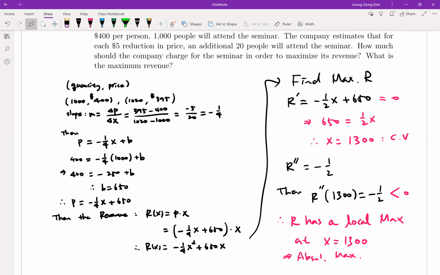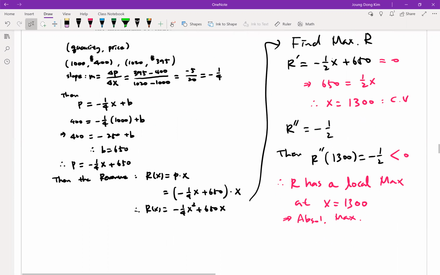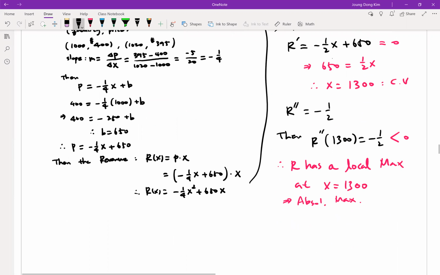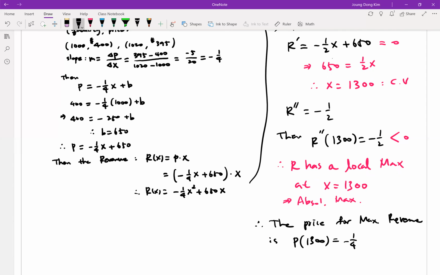So we found the quantity, then we have to find the price for the maximum revenue, right? Therefore, the price for maximum revenue is P of 1,300. We can plug 1,300 into my price equation, which is negative 1/4 times 1,300 plus 650.